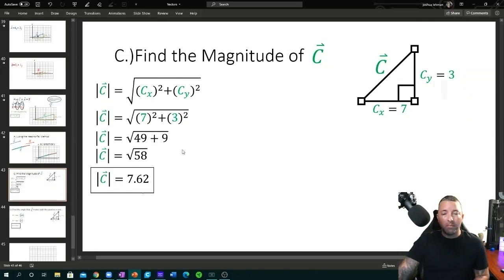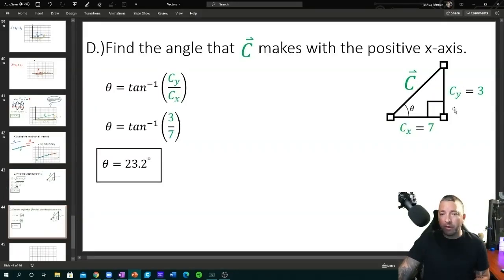And now part D is find the angle that C makes with the positive x-axis. Here you can see I just redrew the triangle for reference if I need to. And we know that we can find the angle using the x and y components by using our SOHCAHTOA, our tangent, opposite over adjacent.